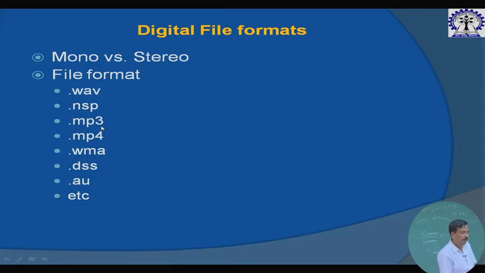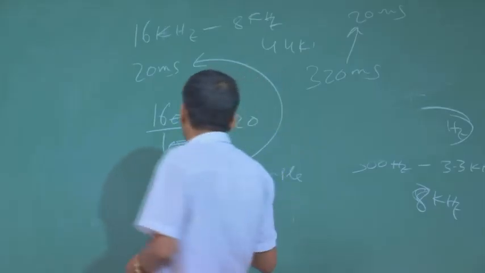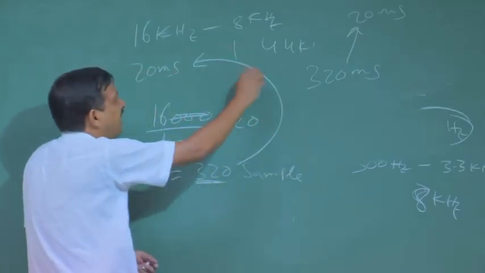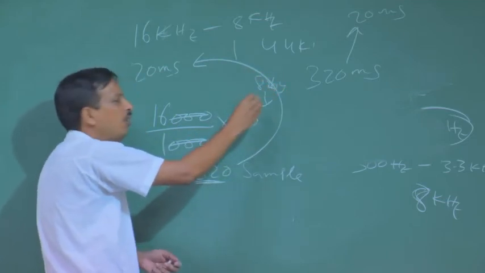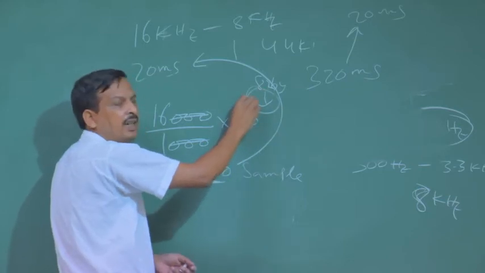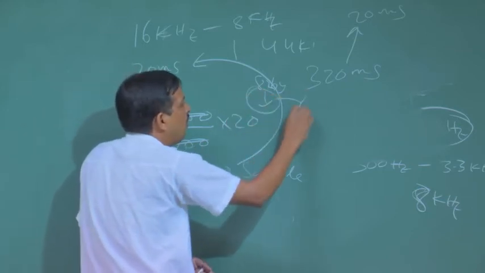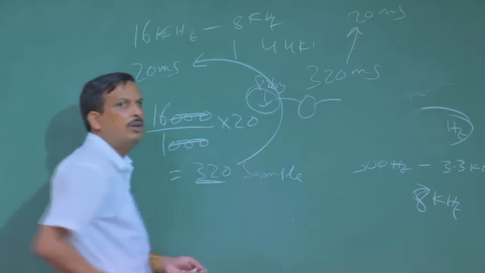So, sound can be stored either compressed or uncompressed. If I store a signal that generates 8 kilobytes in 1 second, I can compress it and store it, and that is a compression technique. And when I want to play the sound, I will decompress the signal and play it.